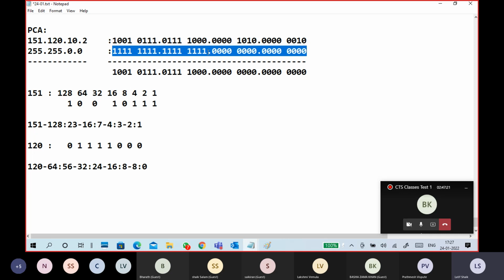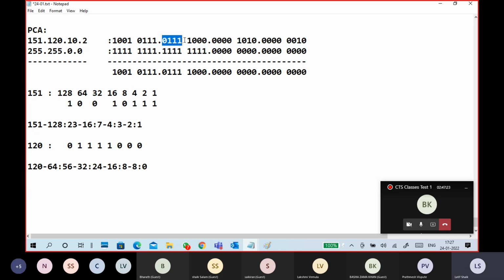If you see, these are all ones, repeating here. 255 means 8 ones. The 255 conversion is 8 ones. And here all are zeros. You got all zeros here, so no need to do anything.